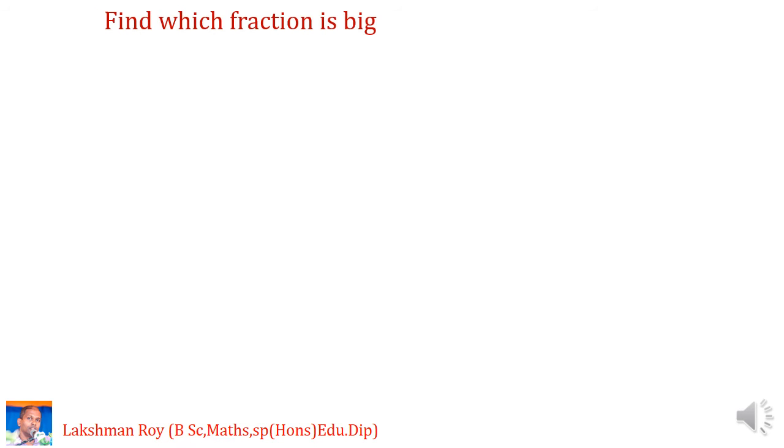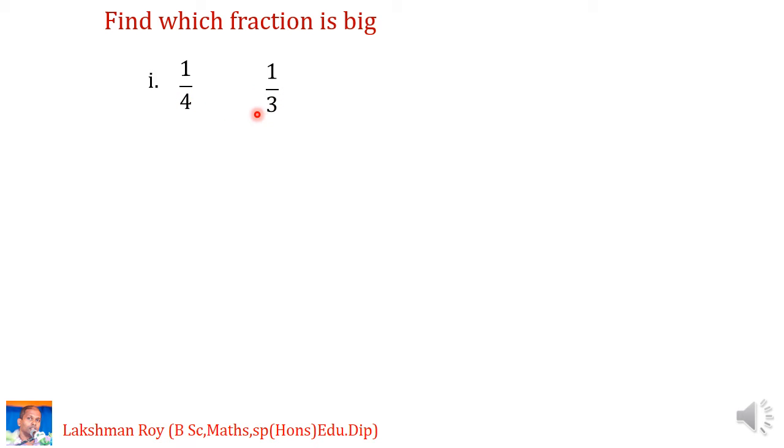Right. Now we move to examples, students. How to find the big fraction from the following fractions. Let's see the first one. 1/4 is one fraction, and 1/3 is another fraction. You can see numerator 1 and 1. Now I want to compare, that means I want to find which fraction is big. Keep in mind, same figure, same whole one, divided into 4 parts and divided into 3 parts.